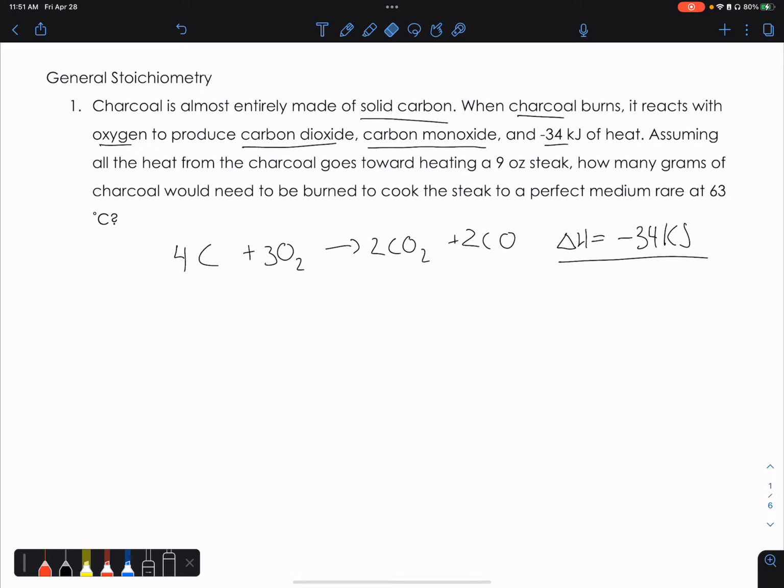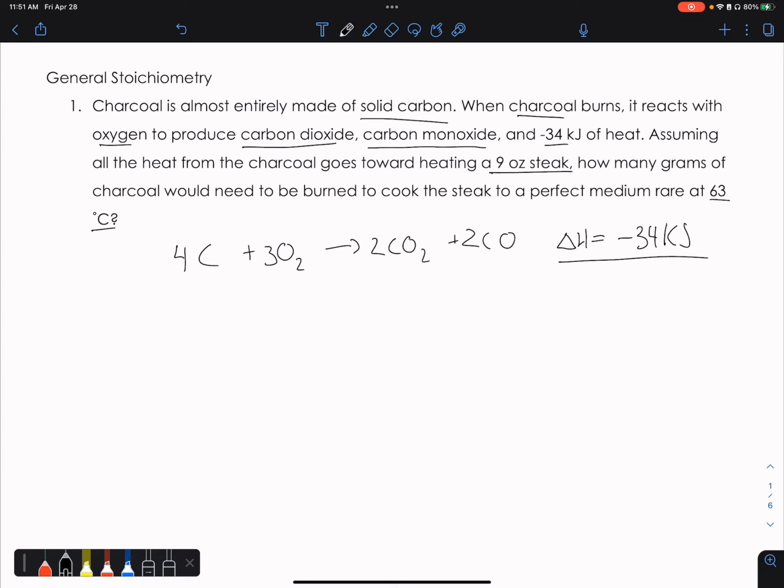We know that we have a 9-ounce steak, and we're trying to heat that to 63 degrees C. It looks like I forgot to add this little bit in here. We actually need the heat capacity of steak.